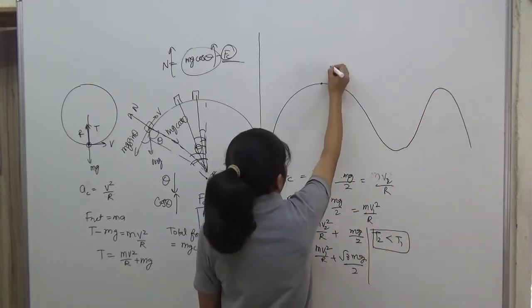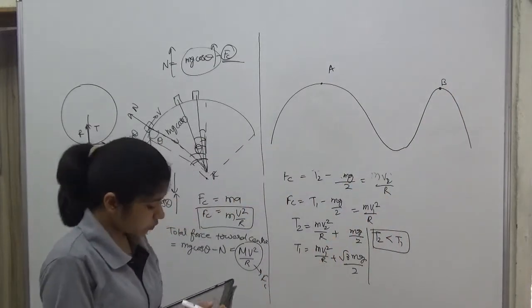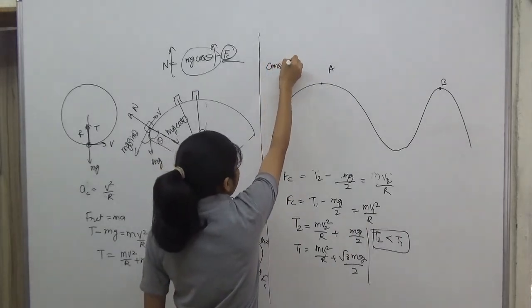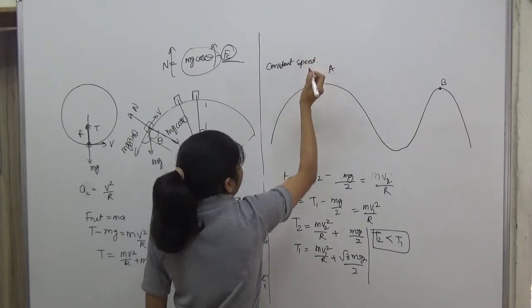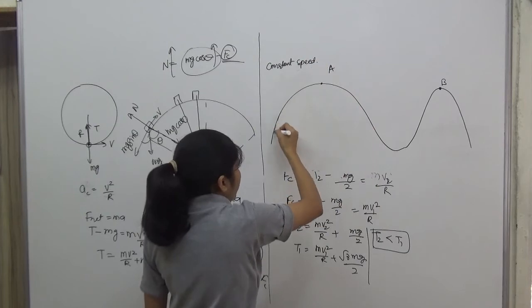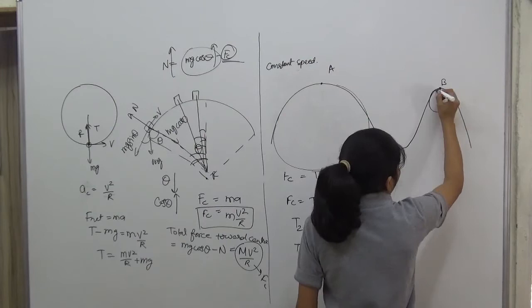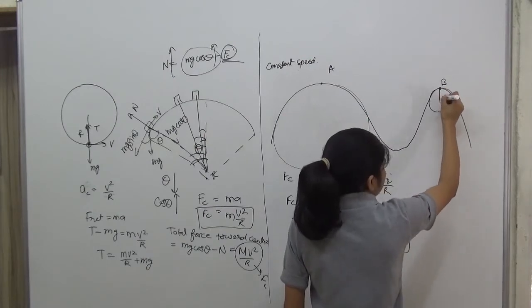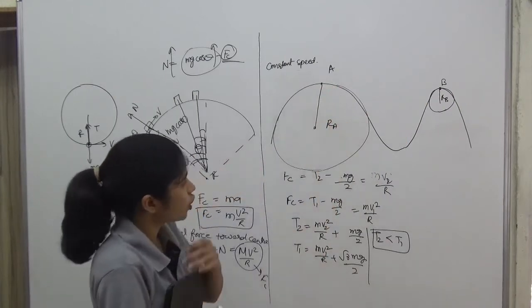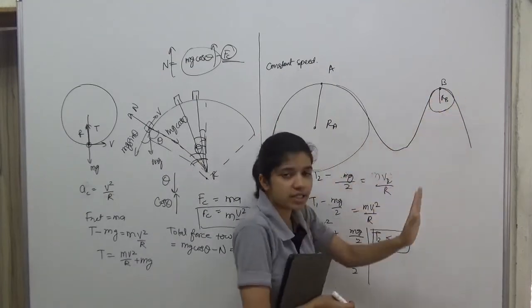This is point A and this is point B. It is moving throughout this path with a constant speed. On this curved path, which is a part of a circle like this, and this one is a part of a circle like this, we can say this is RB and this is RA. So the radius of curvature of this curve is more and for this curve is less.